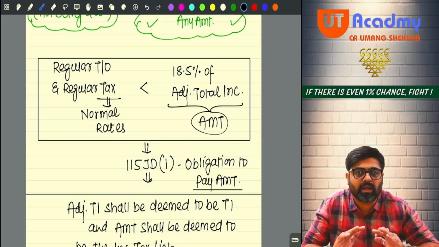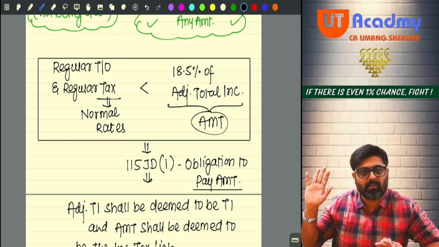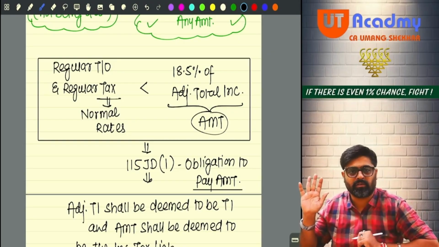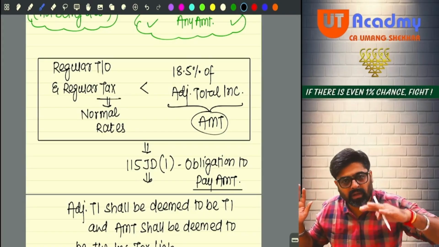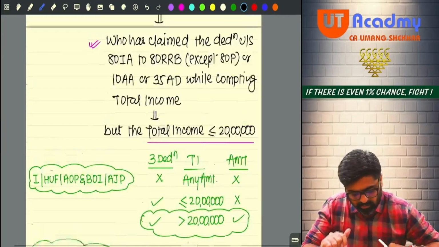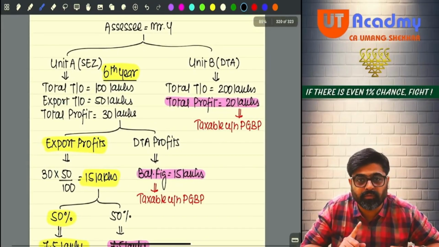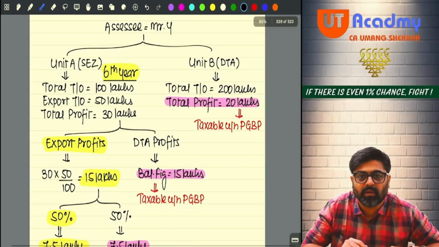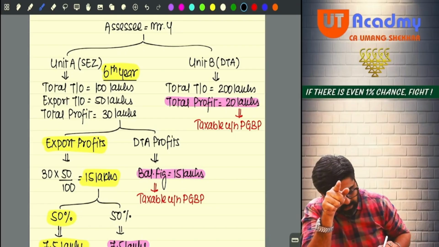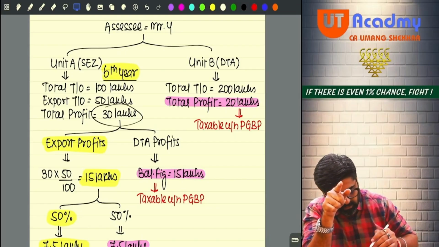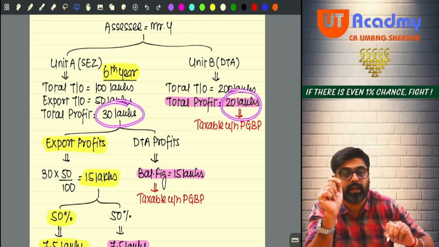And just imagine, if you are claiming such huge deductions, whatever amount of profit remains in your hands, you are not going to pay tax on the entire profits. You are going to pay tax on a very low profit. Just imagine, in this question which we solved, how much profit did you earn? You earned 50 lakhs. 30 lakhs from this SEZ business, and here you are earning 20 lakhs.